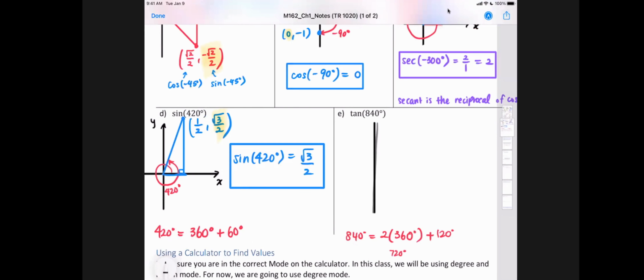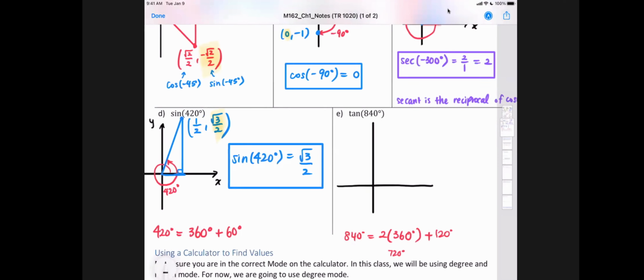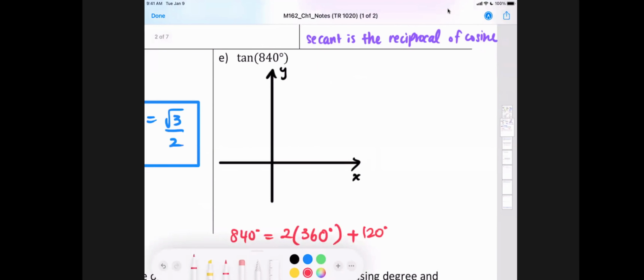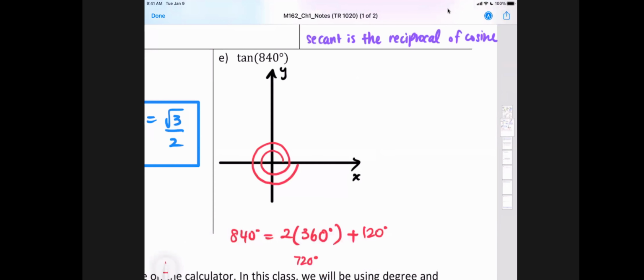So knowing that, let's draw our picture. Let's go twice around, 1, 2. Right now we're at 720 and we're going counterclockwise because it's a positive angle. Then we have to go 120, which is 90 plus 30. So another 90 and then another 30, and we stop.